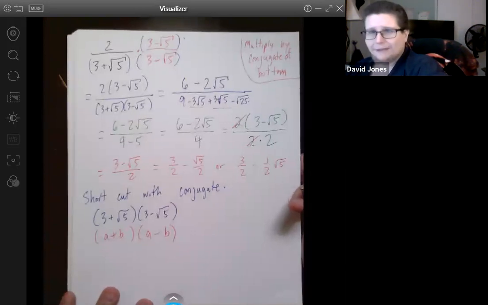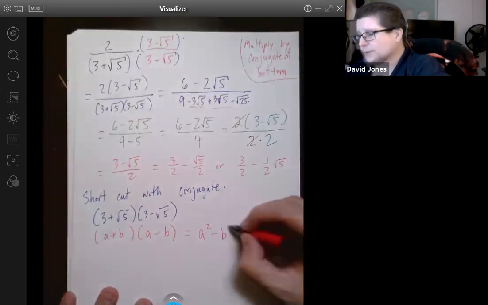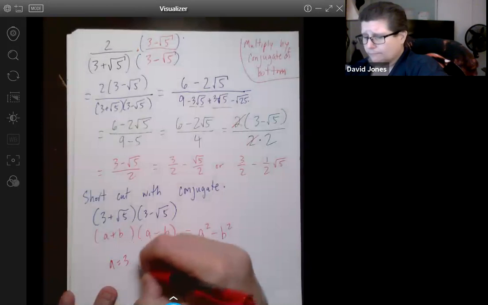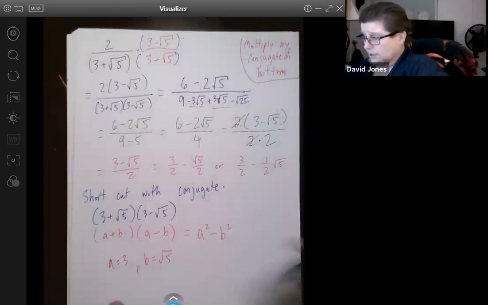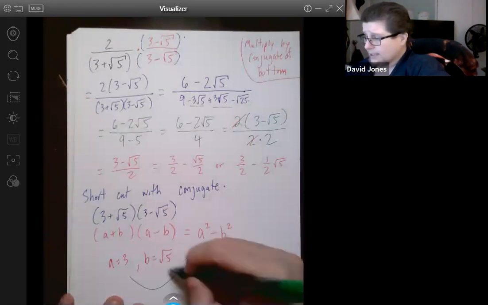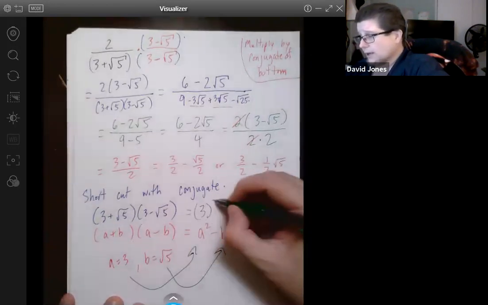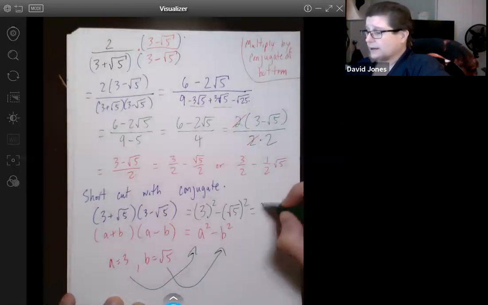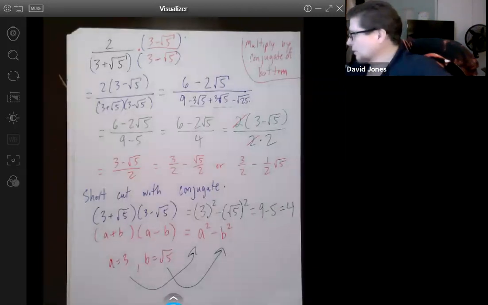We got a formula for that, don't we? That's the difference of squares, a squared minus b squared. Well, a equaled 3 and b equaled square root of 5. So putting those in, I got 3 squared minus square root of 5 squared. 9 minus 5 equals 4. And then you don't have to multiply it all out.